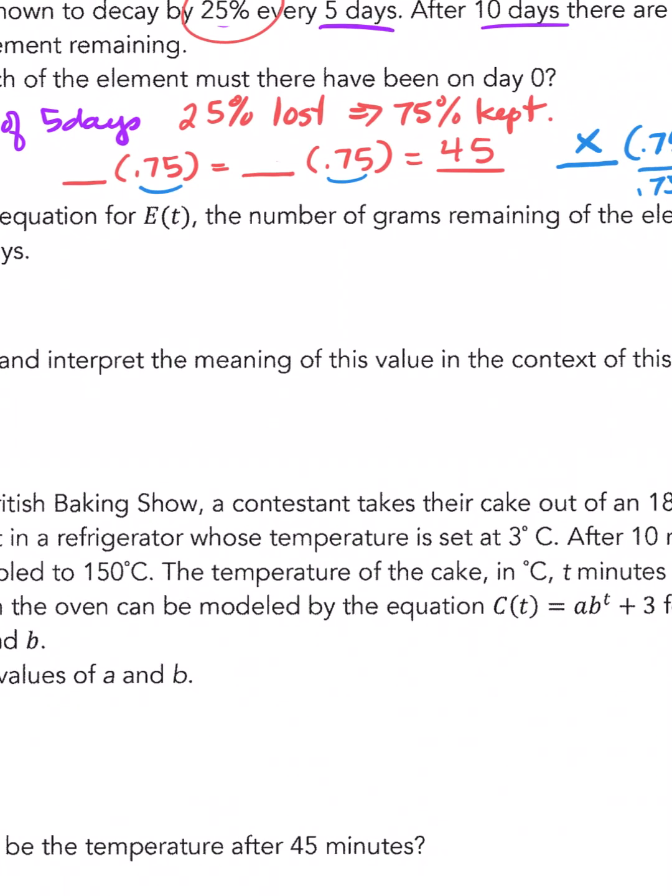Now it says write an equation for E of t, the number of grams remaining of the element after t days. Well, now we know that P naught is 80 grams, right? We know that our R is 0.75 because that's how much we're keeping every 5 days.